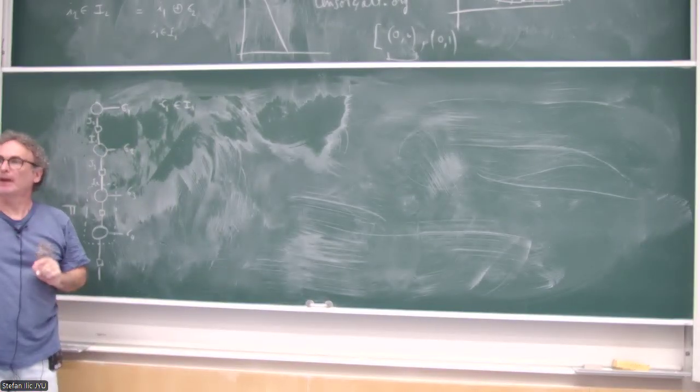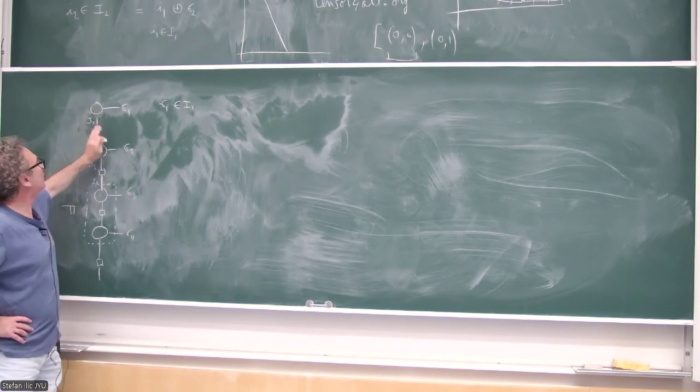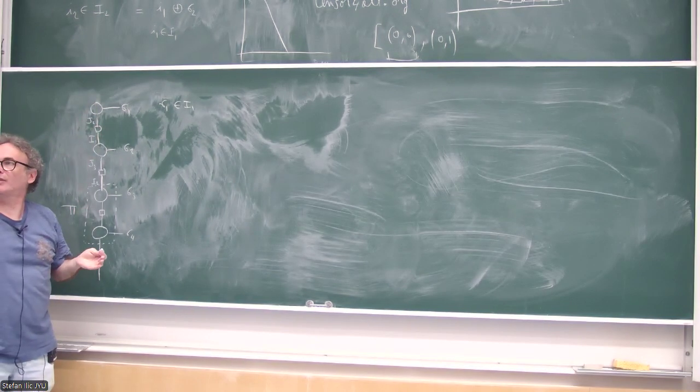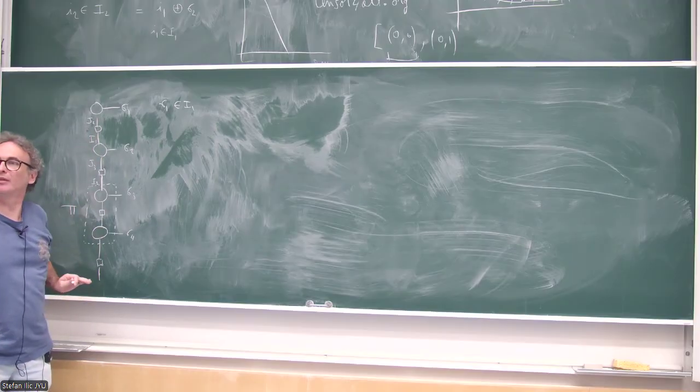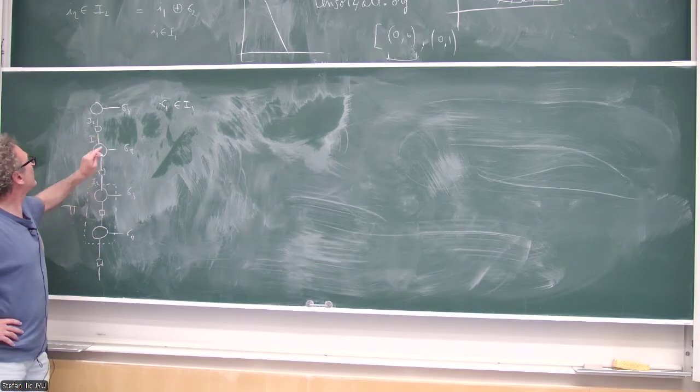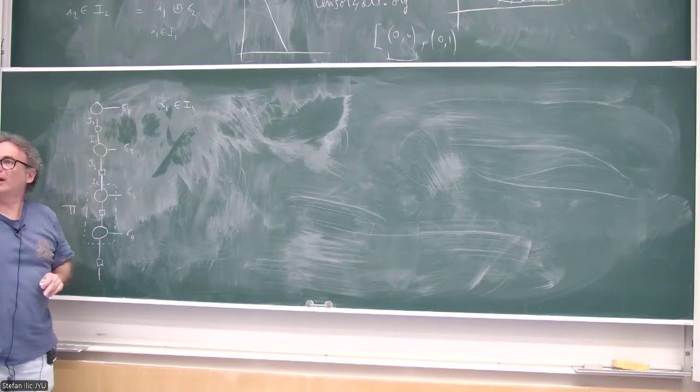Now, if I choose sigma 1 here, I belongs to I1. Since it's actually a cross interpolation, it means that this belongs to the group where it's actually exact.